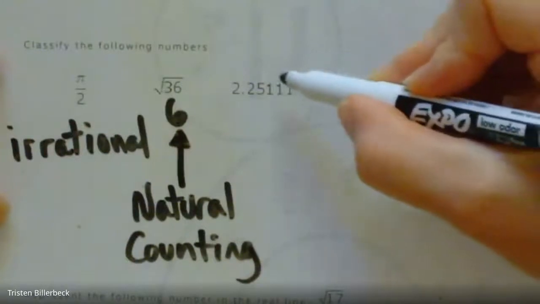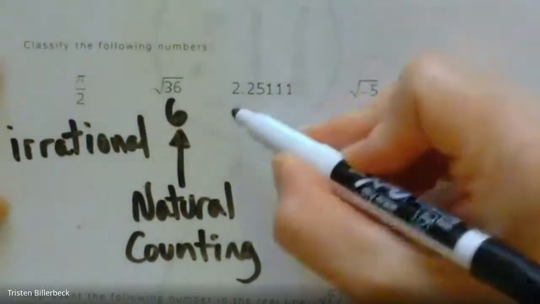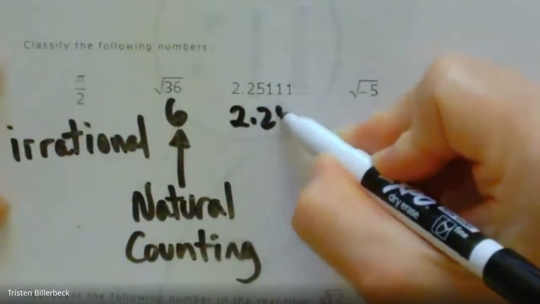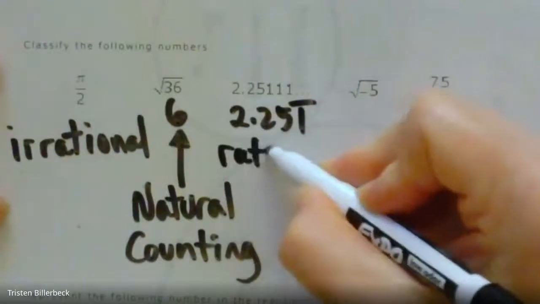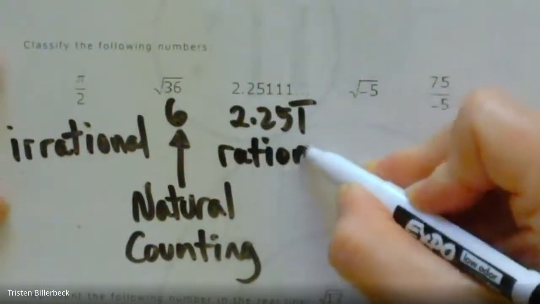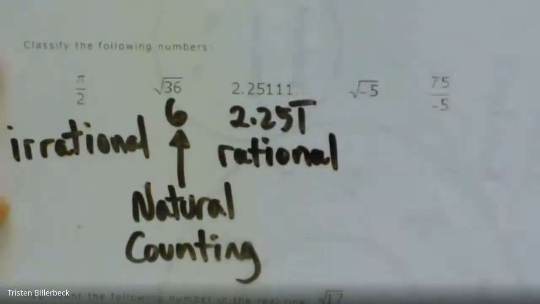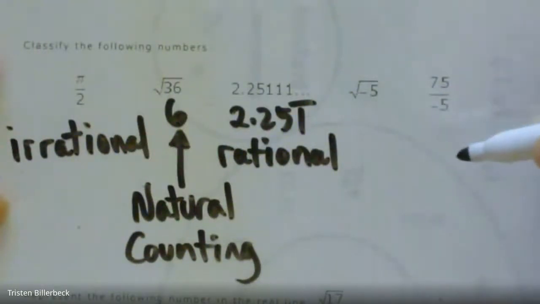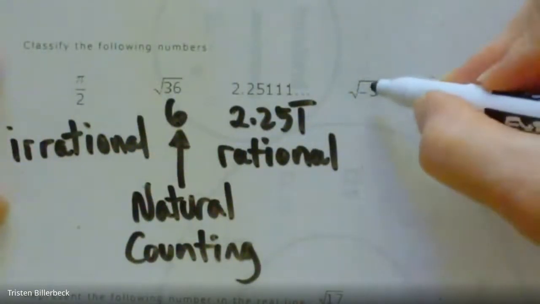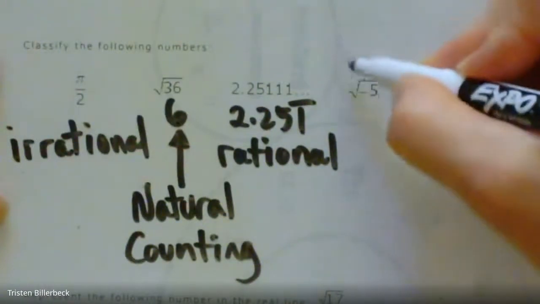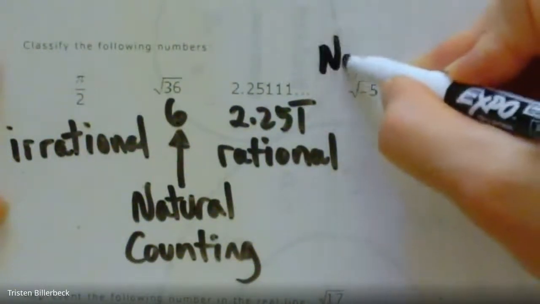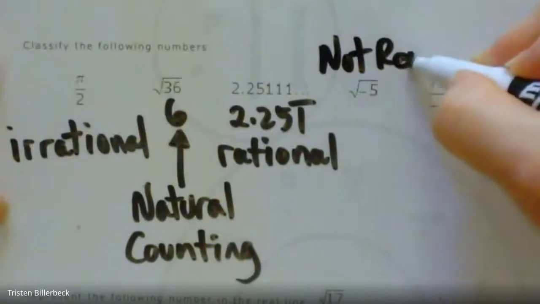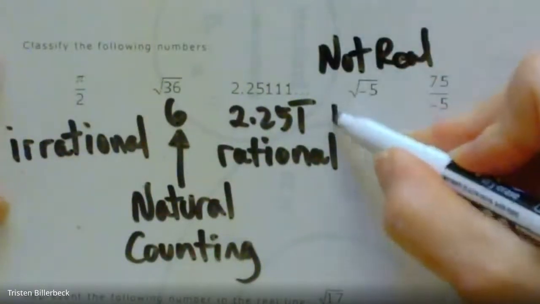This one, it's actually repeating. So we could write this as 2.251 with a bar over it. So this is a rational number because it's repeating. We just had to go a little ways to see the repeat. This one has a negative in the square root. Well, that's not even real, so it's not real. This one's not real because it's an imaginary number.